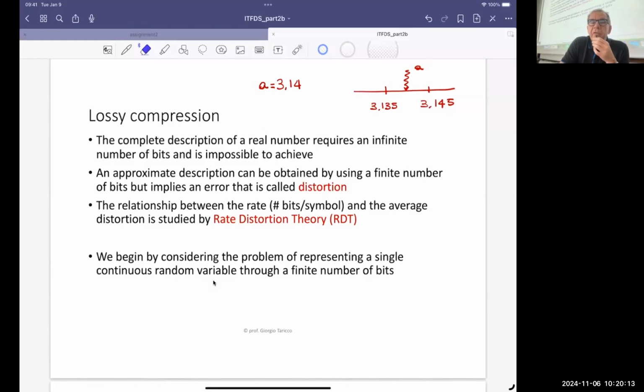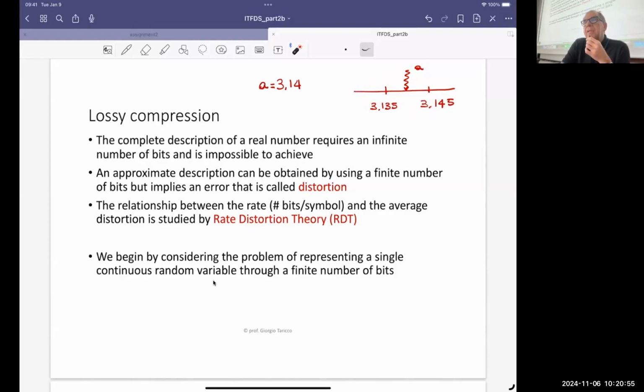Now, if we instead use a finite amount of digits, we are going to have an uncertainty in the position of the real number over the real line. This uncertainty can be represented by an interval, and we can say that we know that the real number is inside a certain interval, or it can be also represented by using a concept that is the distortion.